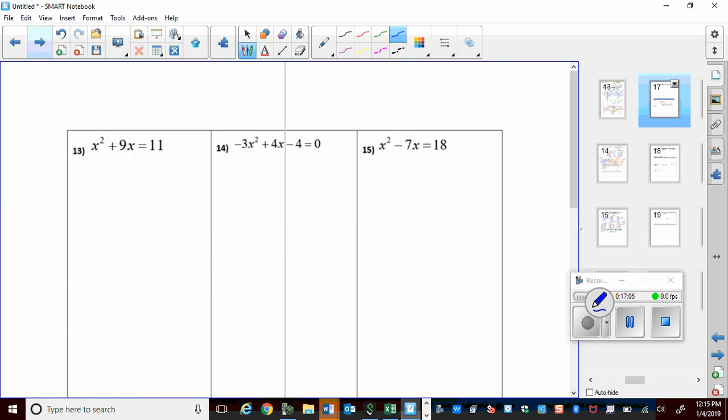I do want to do 13. So 13, 15 are similar because they're not on the same side. But rewriting, the only thing I need to move, the easiest thing to move is this 11. And I get plus 9x, and it becomes negative 11. And I have a 0 on the other side. So A equals 1, B equals 9, C equals negative 11.